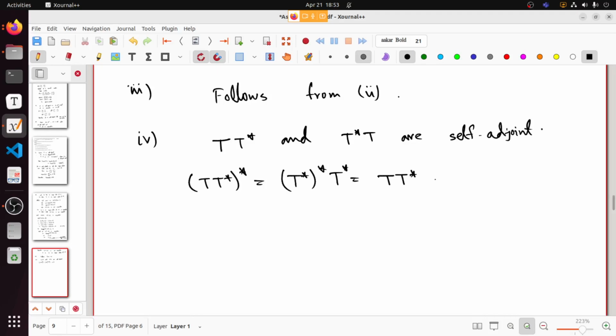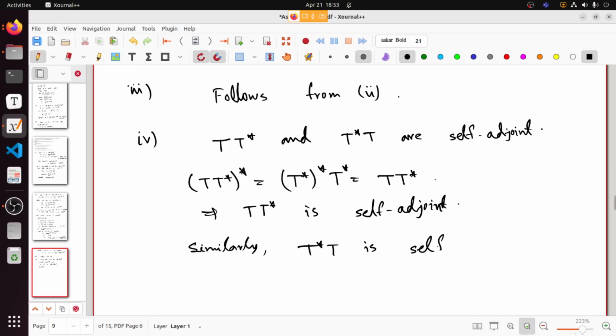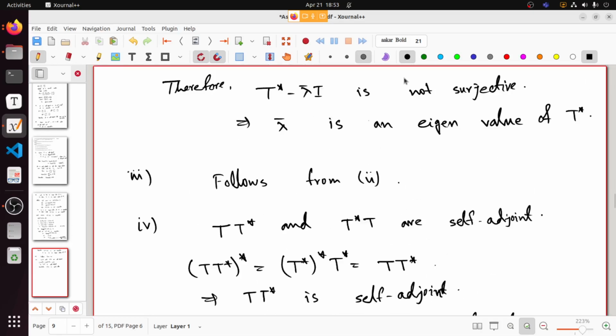So we get T star whole star equals T star, which implies T star is self-adjoint. And similarly the other, T star T is self-adjoint. You can do this the same way, right? So option number 4 is correct.